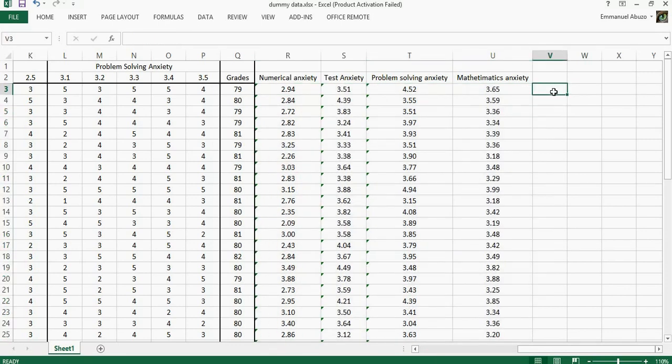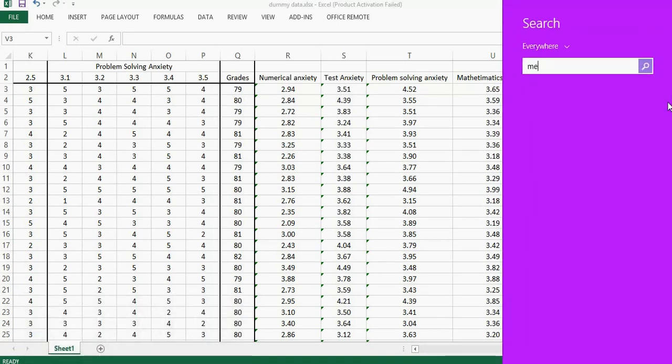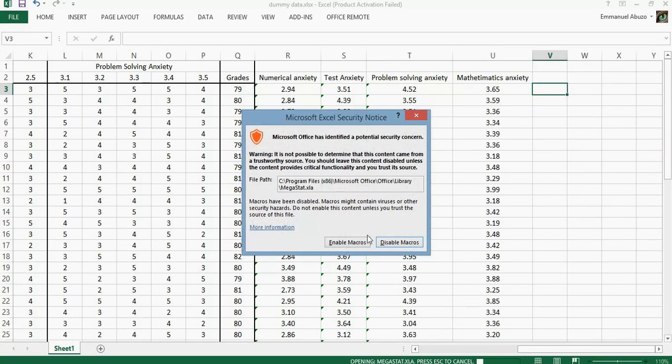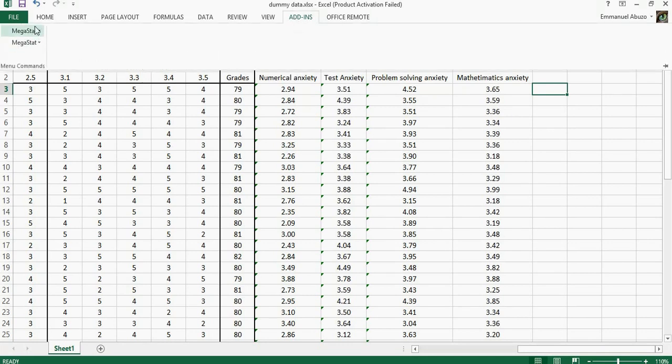And I can now answer the statement of the problem as stated in the previous slides. To do that, I will use MegaStat. Enable macros. And if you click the add-ins, we can now see MegaStat here.